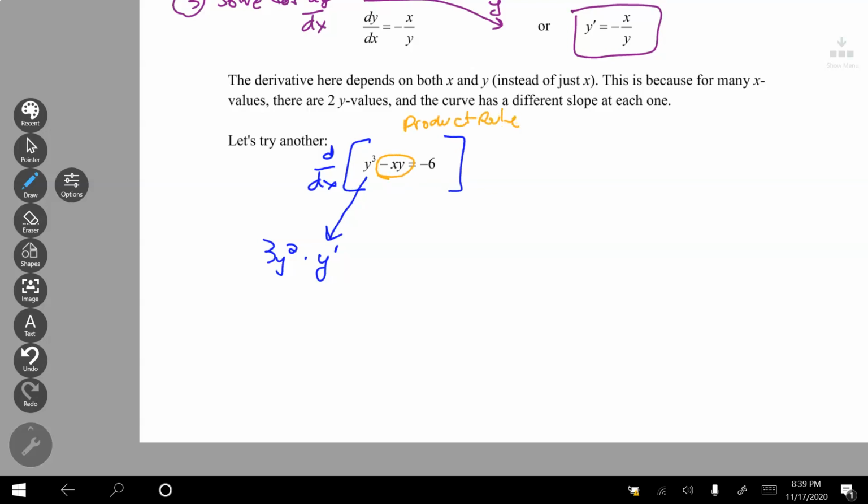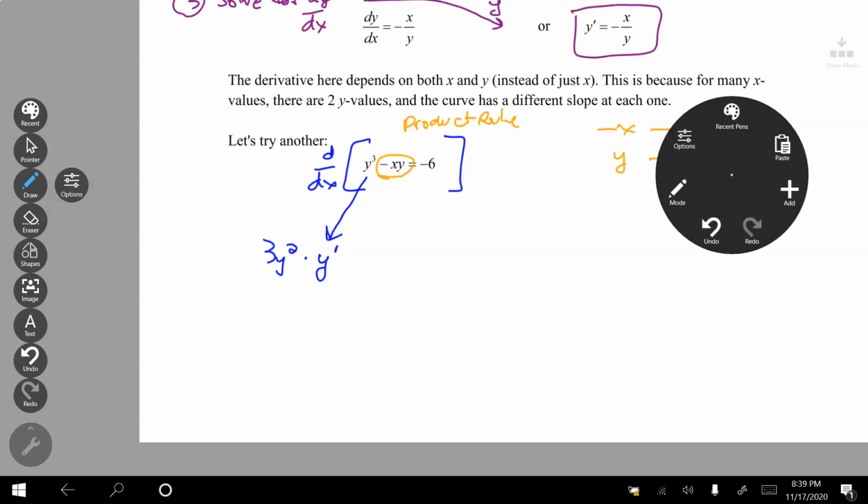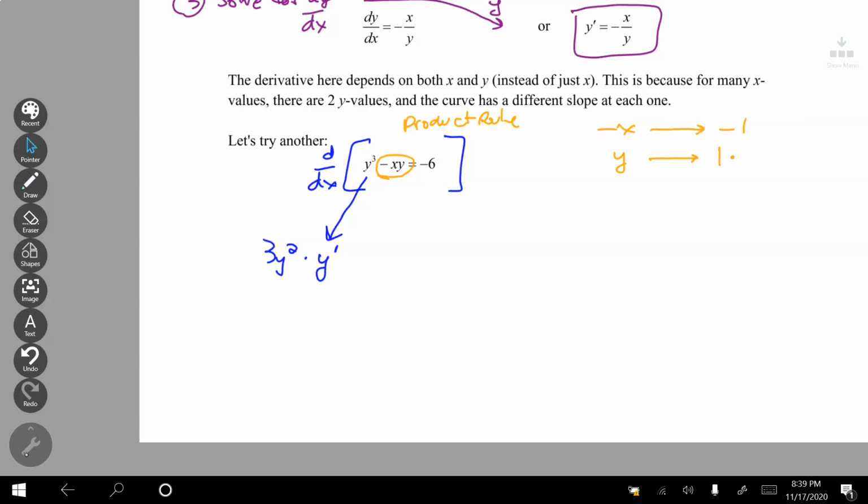So I'm going to do this off to the side. Notice I include the negative in front of the x. So my 2 functions are negative x. Its derivative is negative 1. The second function that's multiplying each other is y, and that derivative is 1 times y prime.